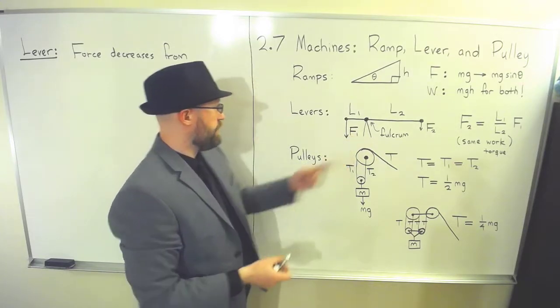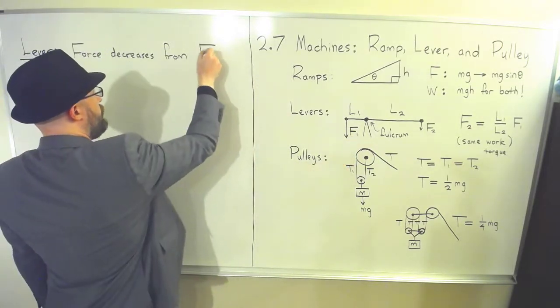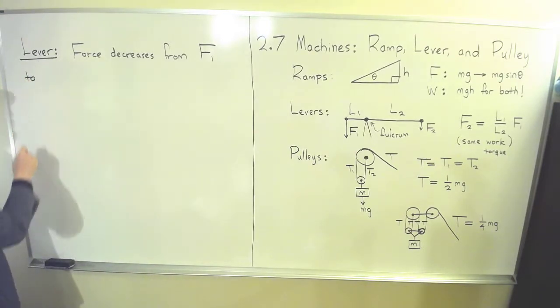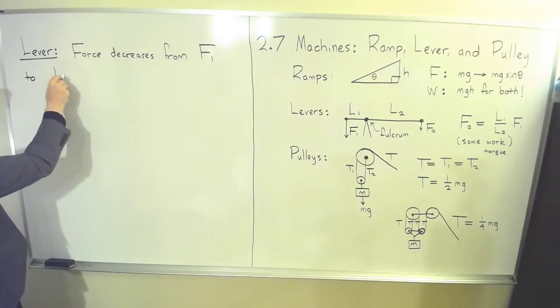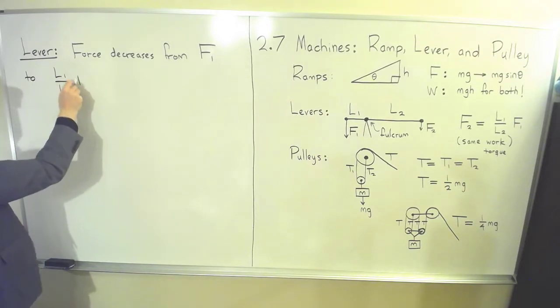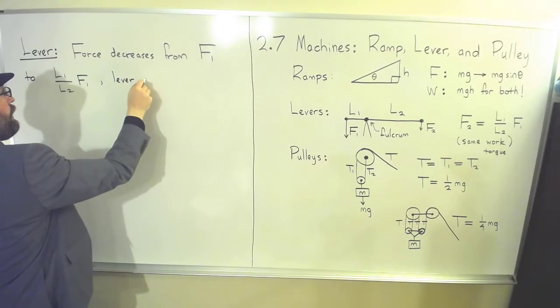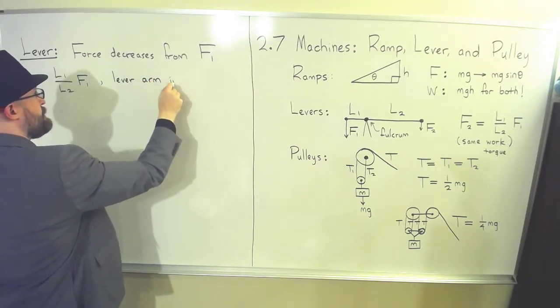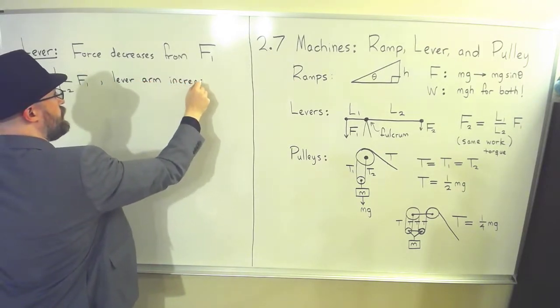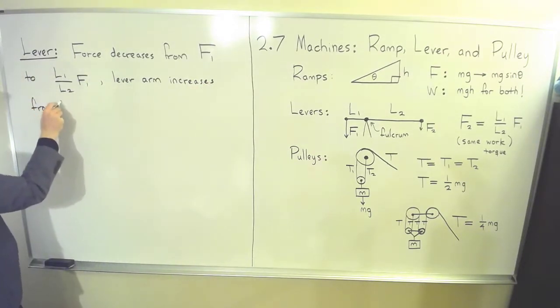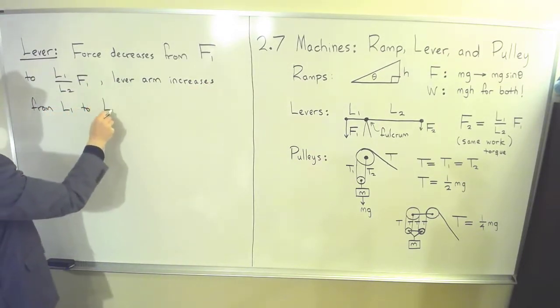I'll explain more in a second, but I'll say from F1 to F1 times L1 over L2, and the lever arm increases from L1 to L2.